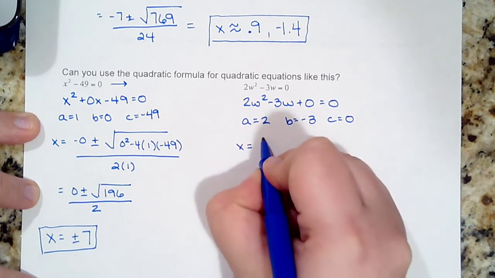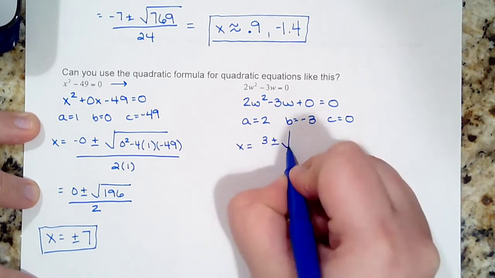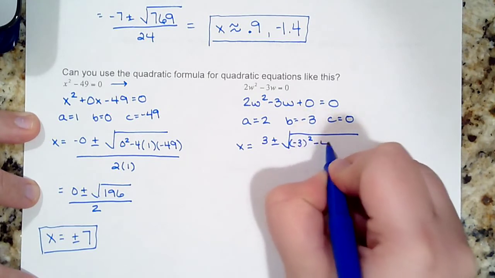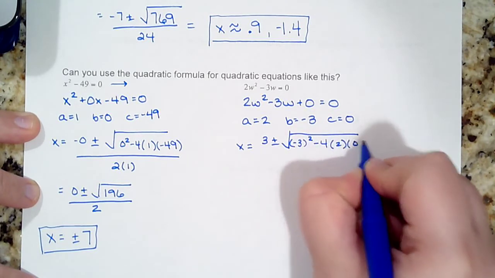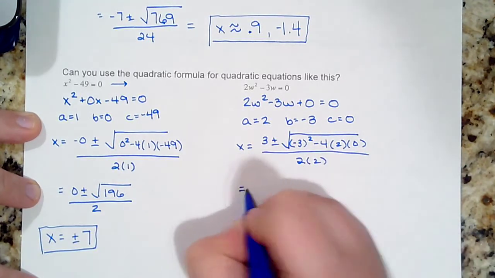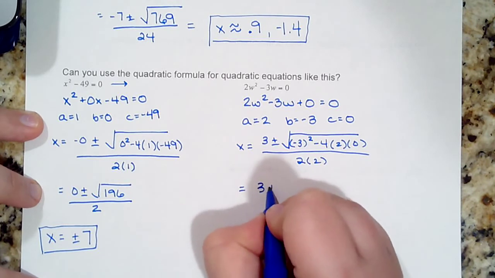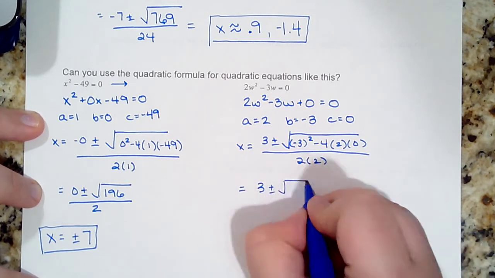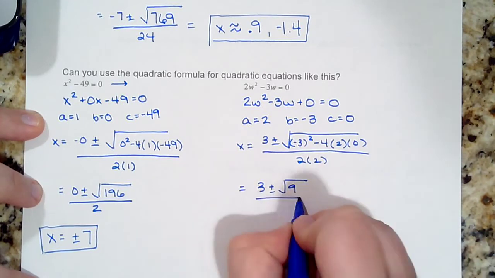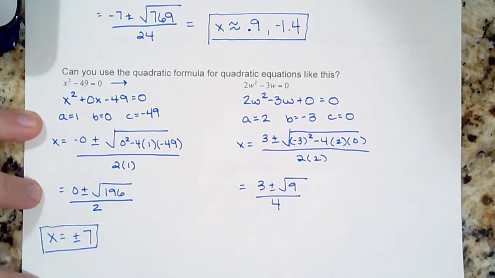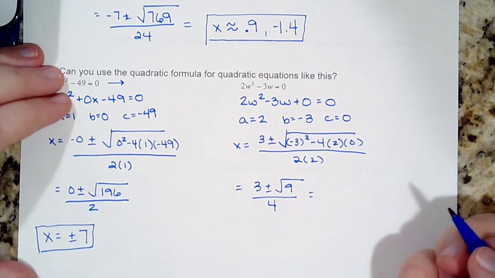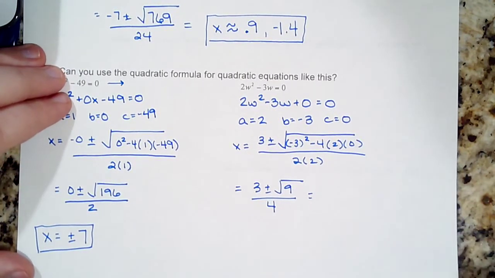X equals negative b plus or minus the square root of b squared minus 4ac all over 2a, and it equals 3 plus or minus, when I simplify everything in there, I get 9 over 4, and this simplifies out to 6 over 4 and 0 over 4.